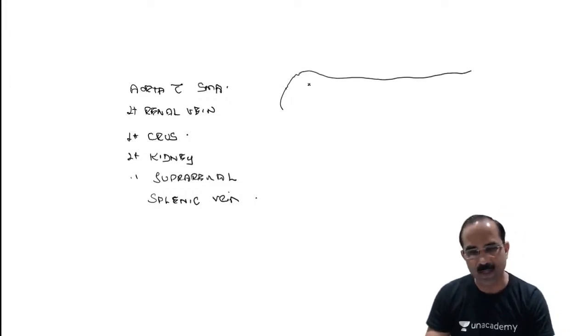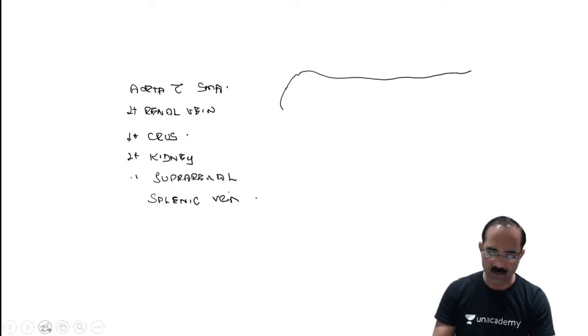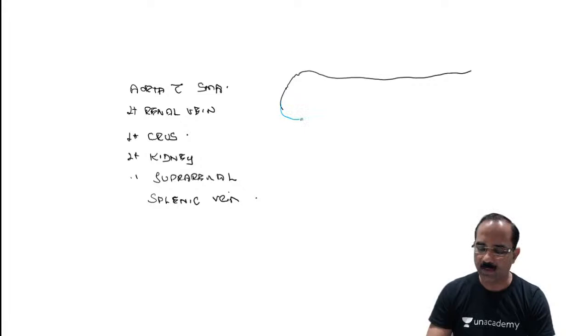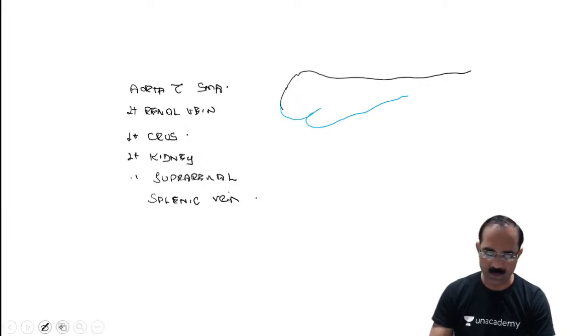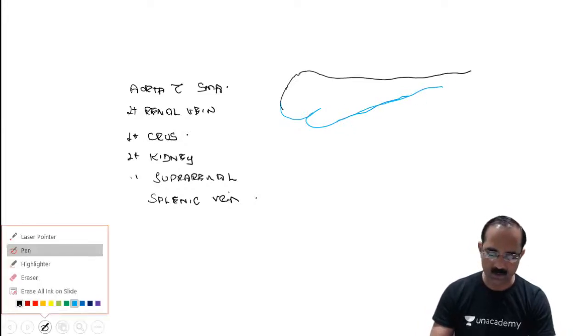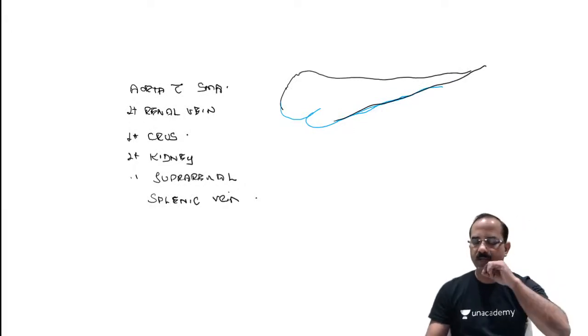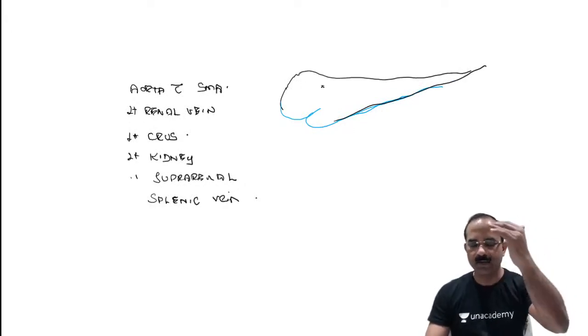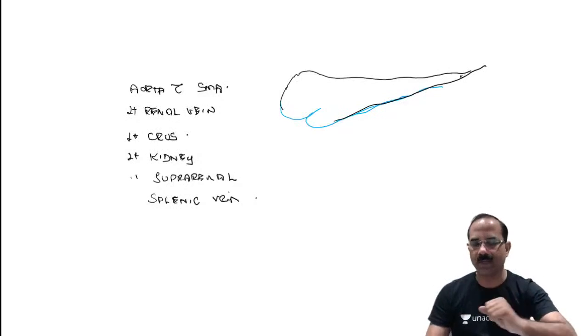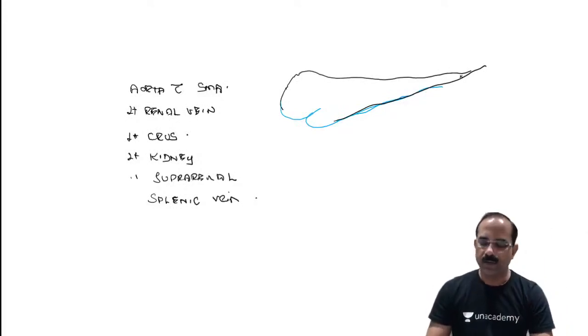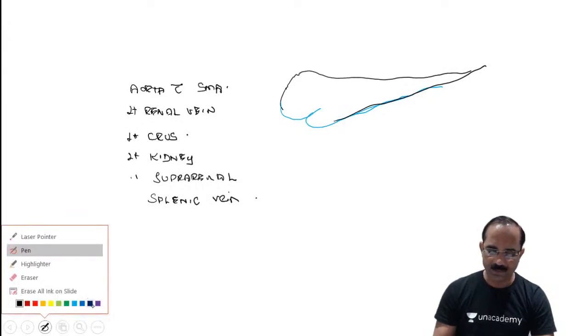The ventral pancreatic bud forms the lower part of the head and the uncinate process. Okay? So the dorsal bud forms the upper part of the head, neck, body and tail; the ventral bud forms the lower part of the head and the uncinate process.